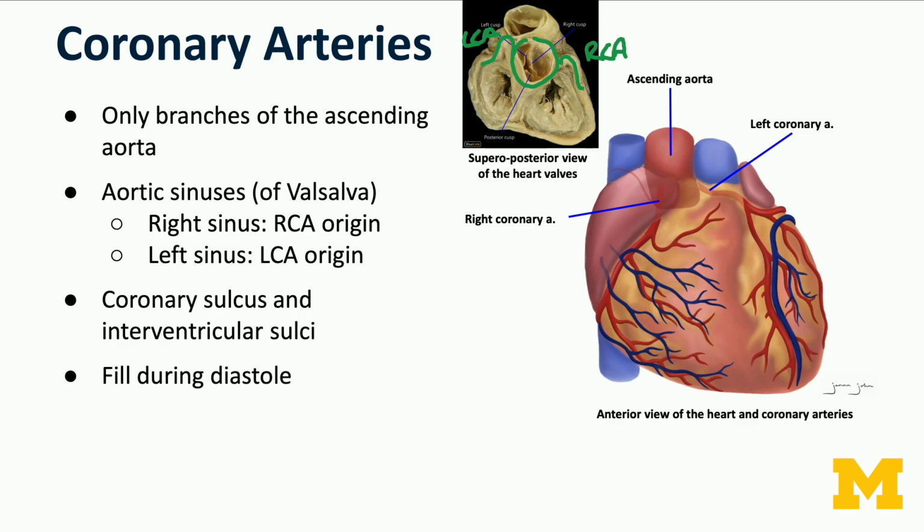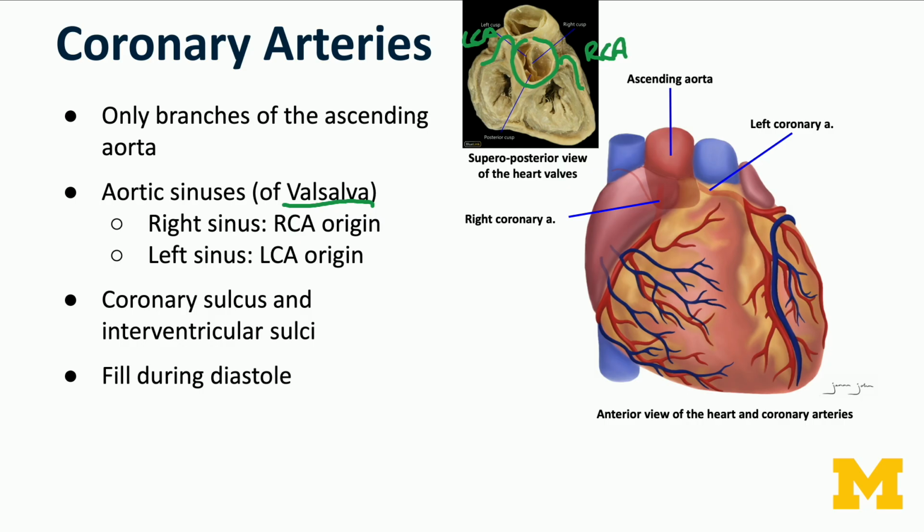These aortic sinuses of Valsalva are the spaces distal to or superior to the cusps of the aortic valve. So we have a right sinus above the right cusp and a left sinus above the left cusp.